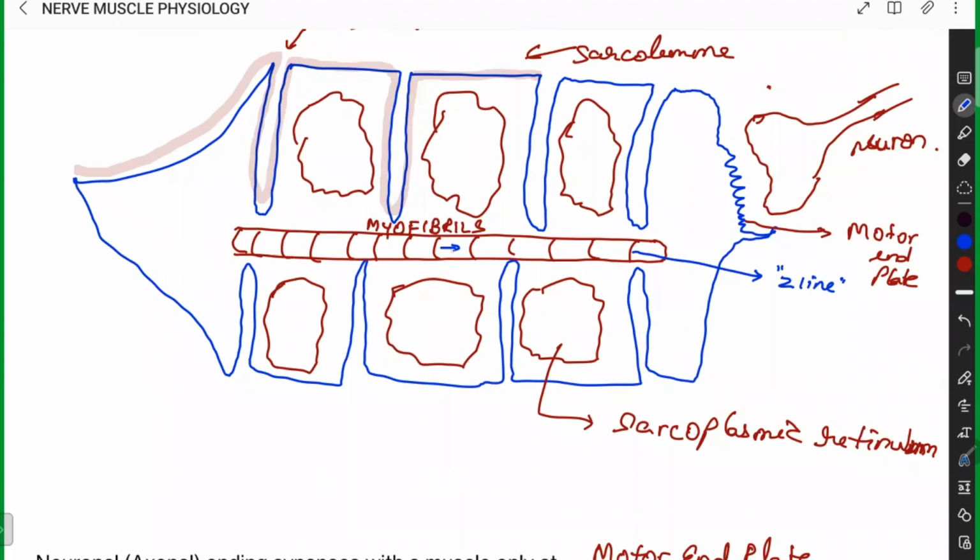This gap is called the sarcomere. Now understand, this sarcomere is the functional unit of a skeletal muscle. You can see this sarcomere under the microscope.